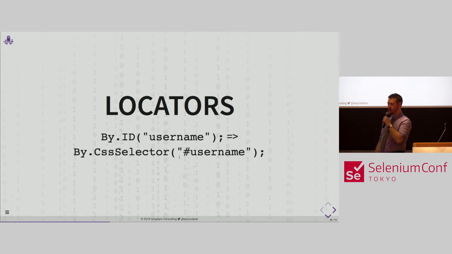So we're going to make that whole page object model a whole lot easier to write. So first off, instead of doing By.id or By.cssSelector or By.xpath, typically you can get away with all of those by just using a CSS selector. You can still use the ID within the CSS selector. Those two up there are the exact same thing. By ID of username. The CSS selector is just the CSS flavor of it.